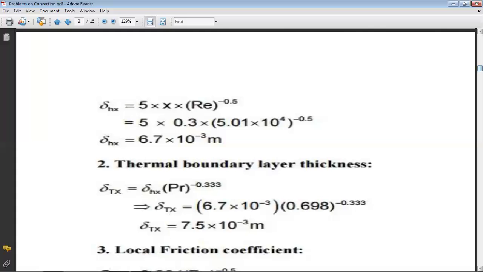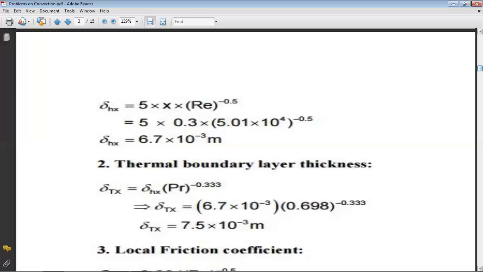We have discussed already, Prandtl number is a function of hydrodynamic boundary layer thickness and thermal boundary layer thickness, or Prandtl number is the ratio of hydrodynamic boundary layer thickness to thermal boundary layer thickness. It could vary for different materials.